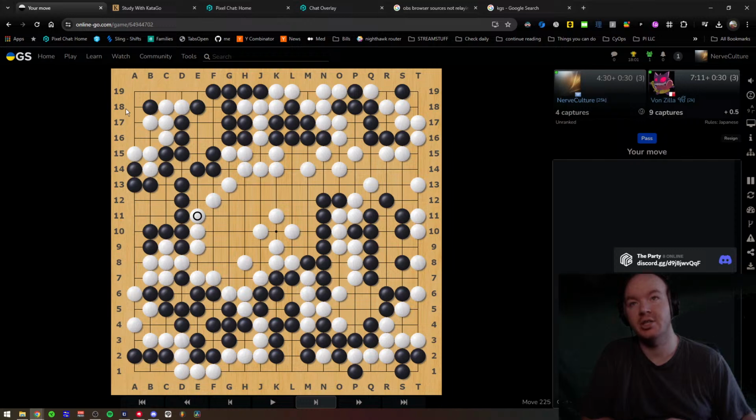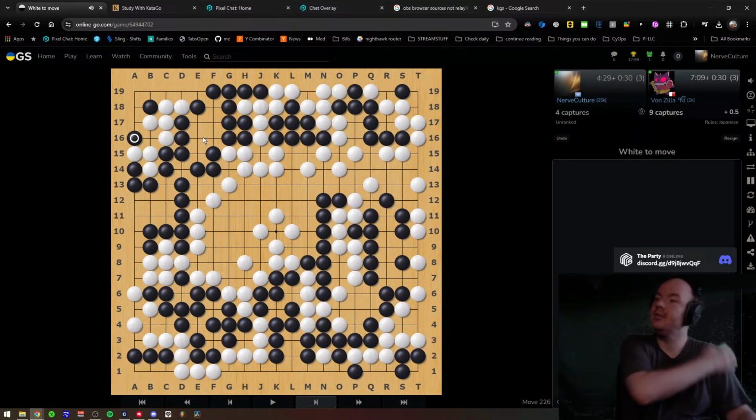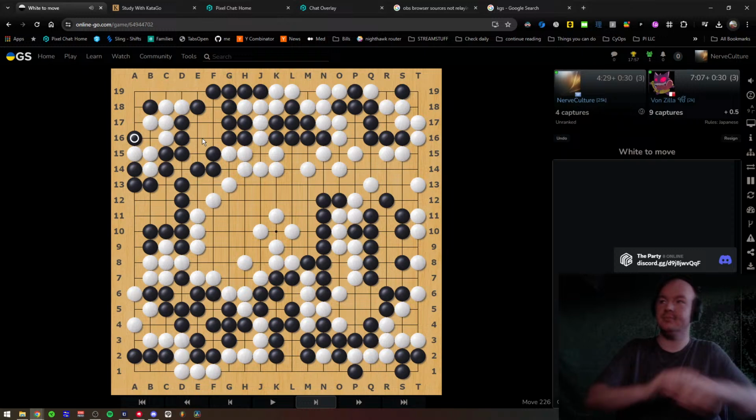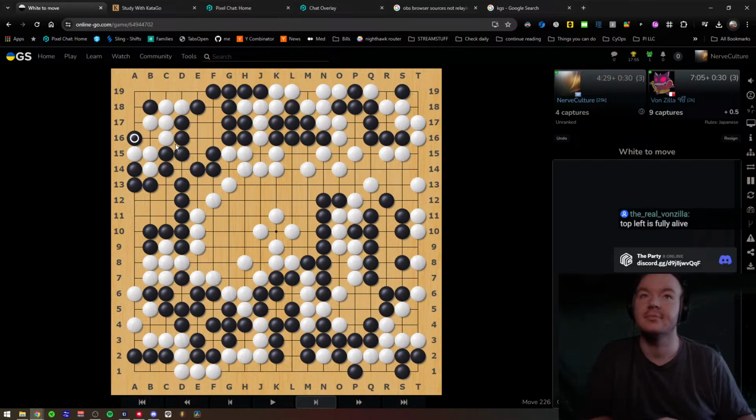Prevent formation of eye. This doesn't have an eye yet. It can connect out too. Can I connect anywhere? Big questions.